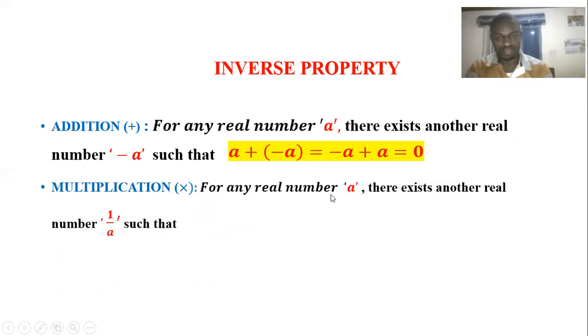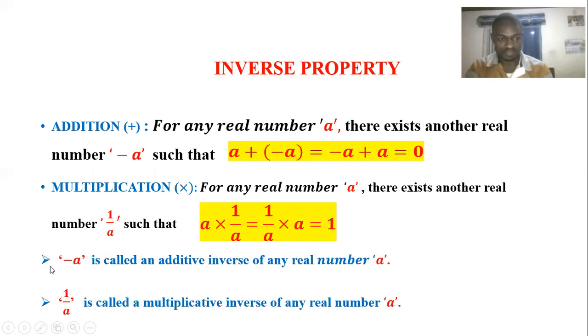For any real number A, there exists another real number, 1 over A, such that A times 1 over A is equal to 1 over A times A, which is equal to 1. And again, since all real numbers satisfy these two conditions, we say that negative A is called the additive inverse of any real number A, while 1 over A is called the multiplicative inverse of any real number A.